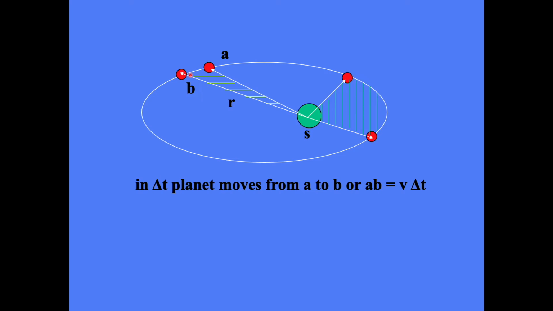The distance from A to B is just a straight line. We're assuming the time interval is small, so this arc length is really a straight line. And the length of it is determined by the product of the velocity, which will not change very much, times the time interval. The velocity doesn't change very much because our delta t is very small. In fact, we can make it infinitesimally small if we wanted to.